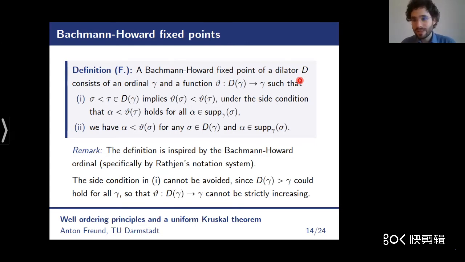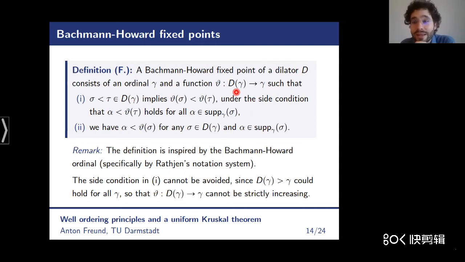And this output is precisely what I call here a Bachmann-Howard fixed point. So what is it? Well, it consists of an ordinal gamma, which is a fixed point of this transformation D, in the sense that there is what I call a collapsing function theta of this value D of gamma back into the input gamma.